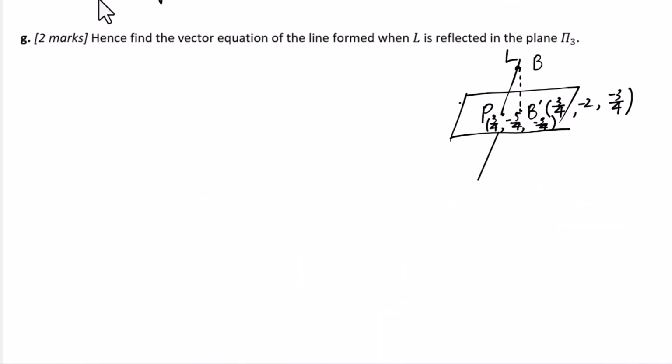G. Hence, find the vector equation of the line formed when L is reflected in the plane pi 3. We know the point P (3 over 4, -5 over 4, -3 over 4), and B prime (3 over 4, -2, -3 over 4).